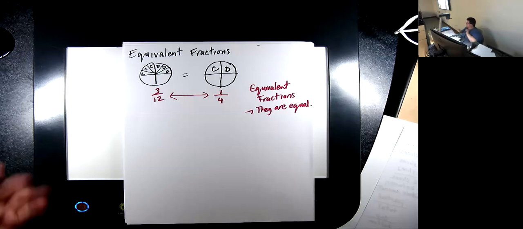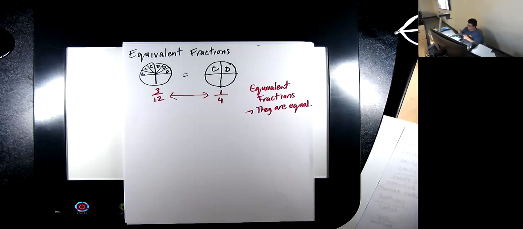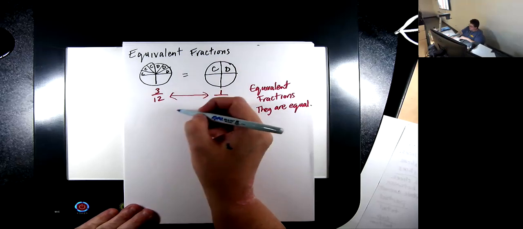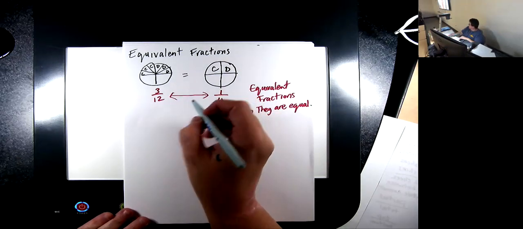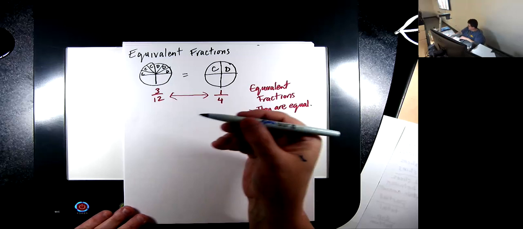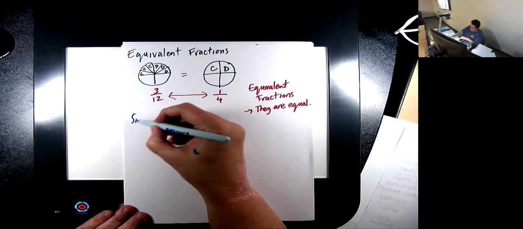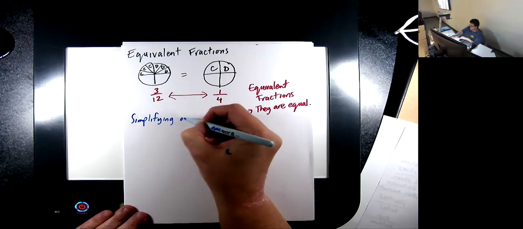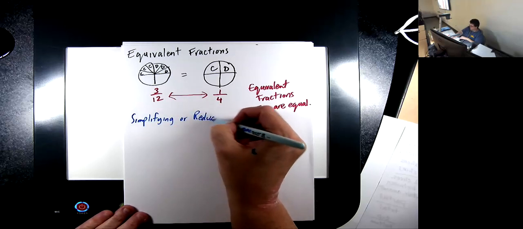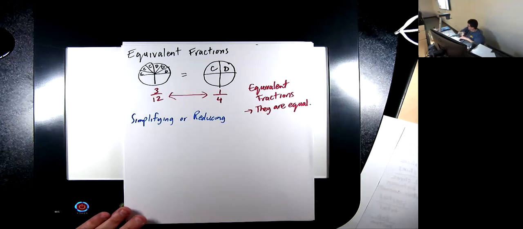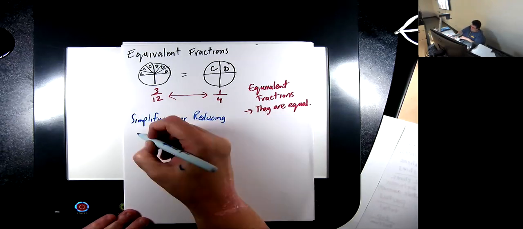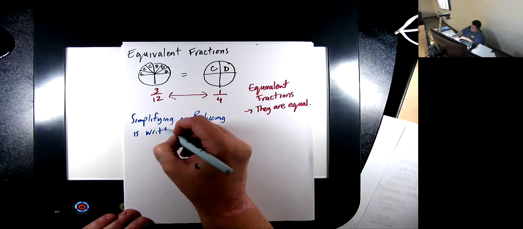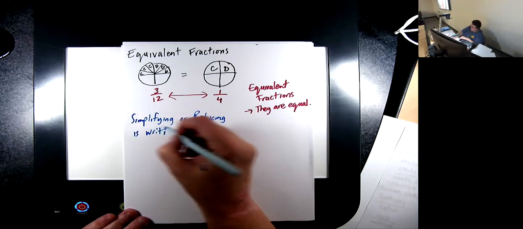So how can we go from 3/12 to 1/4? We can show that they're equal. We're going to make them have the same denominator, same bottom. This is called simplifying or reducing, which is writing this larger fraction as the smaller one.